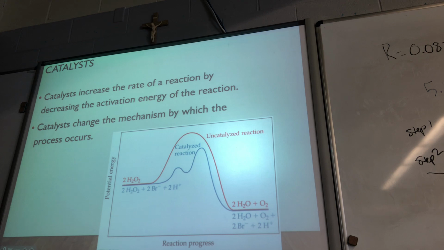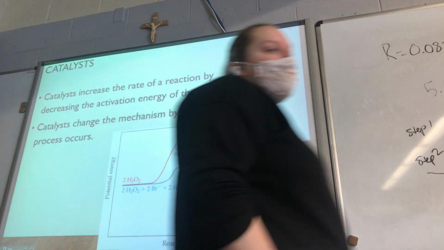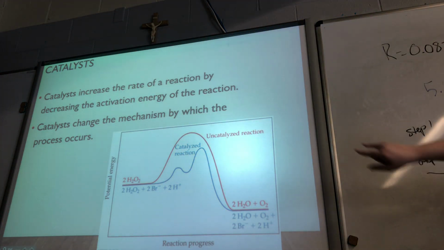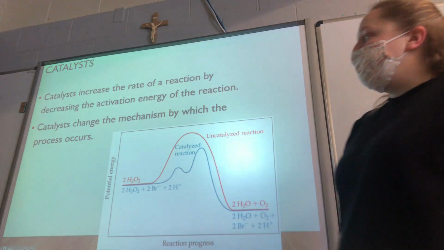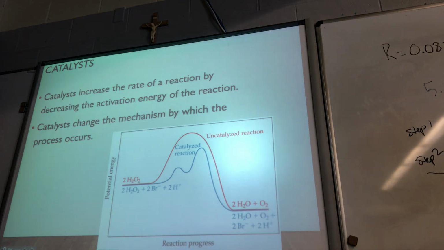They change the shape of the hill. They lower it. Make it maybe 2 instead. A little bit easier to deal with. They do change the mechanism of the overall reaction. Intermediates have no place in our rate laws. Catalysts either. Can we move on? Cool.